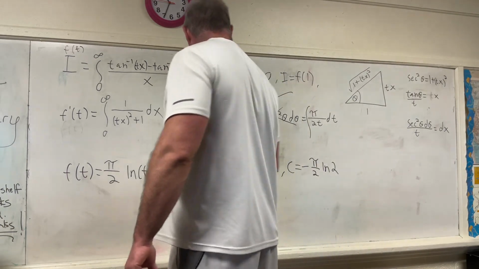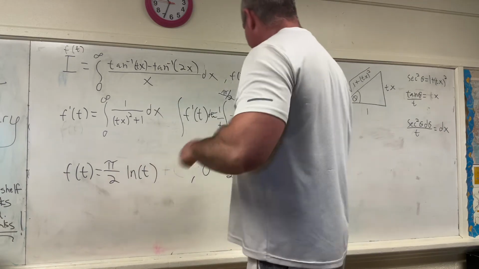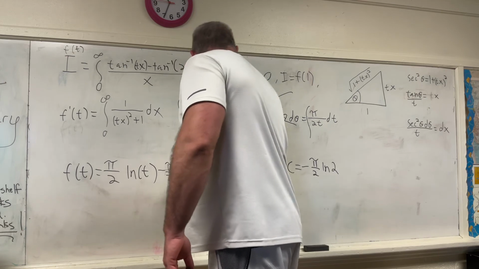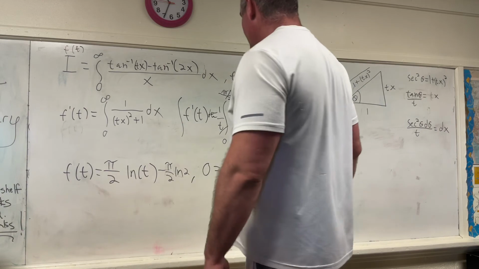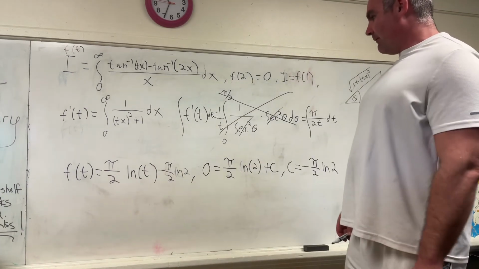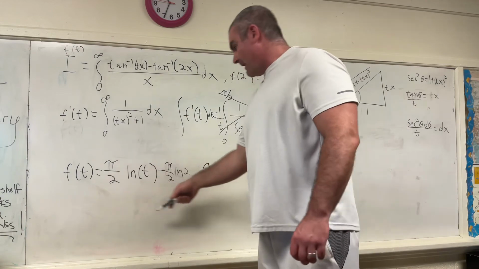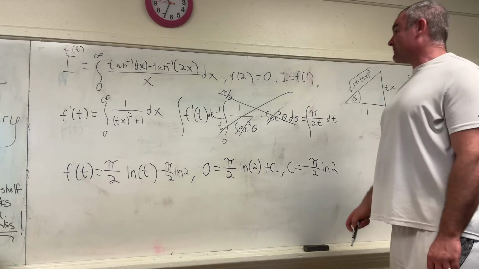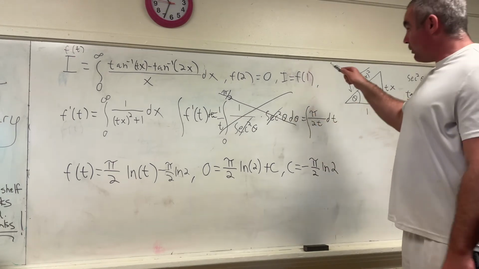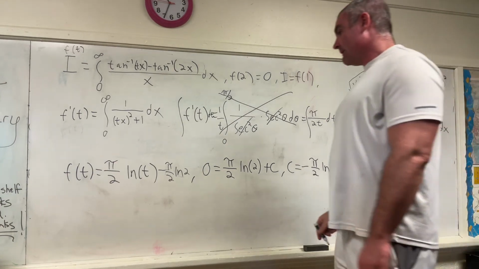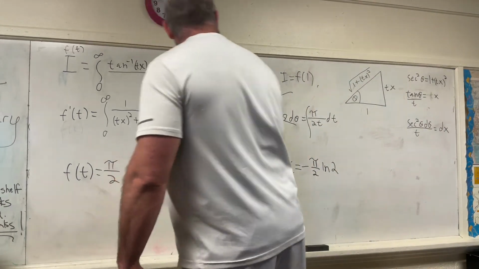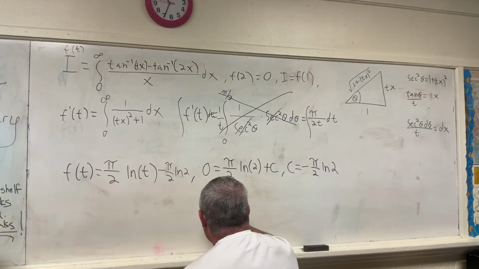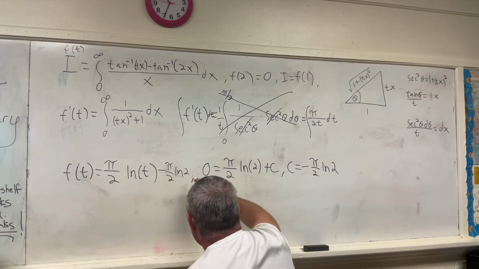We solved for c, so now we can plug it in: minus pi over 2 natural log of 2. So now we have our function of t defined purely in terms of t. And since we know that our answer is going to be equal to that when you plug in 1 for t, I, which is f evaluated at 1, is equal to this evaluated at 1.